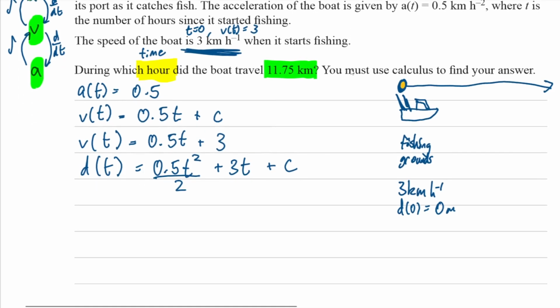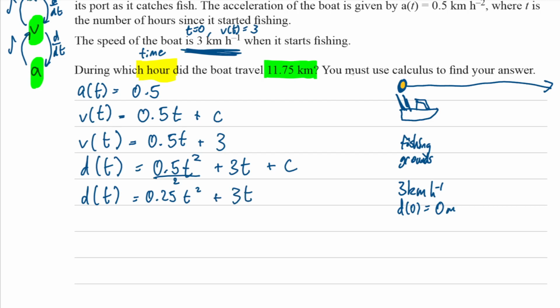However, how I've solved it, C is actually 0, so we're left with a half divided by 2, which is a quarter, 0.25 t squared plus 3t plus 0.